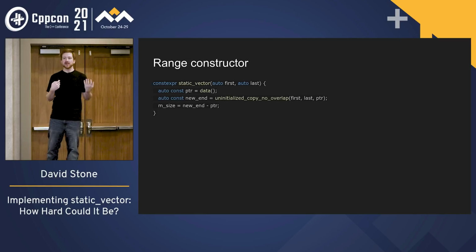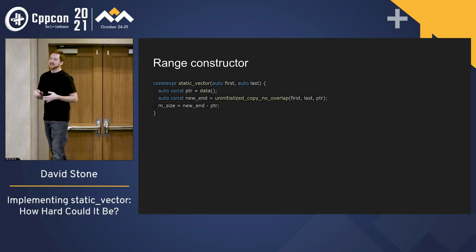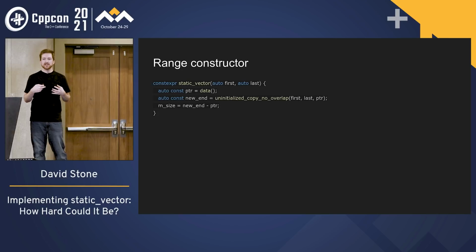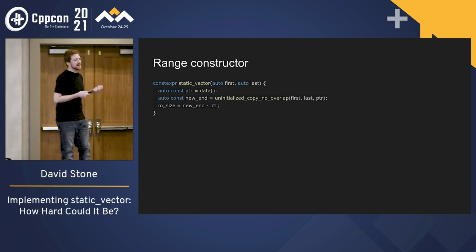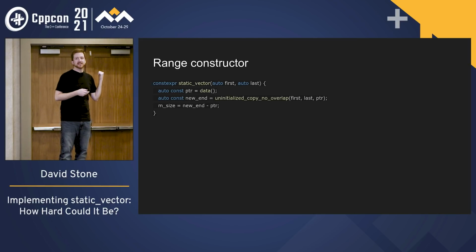For those of you unfamiliar, back inserter takes a container and creates an iterator for it where dereferencing and assigning to the iterator calls push_back on the container, which kind of brings us back to the previous slide about what you do with push_back. So it's the same issue here, but now applying to push_back there.